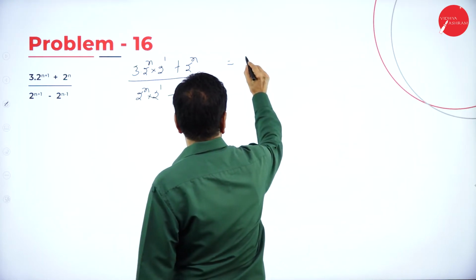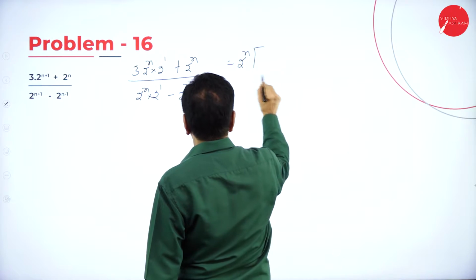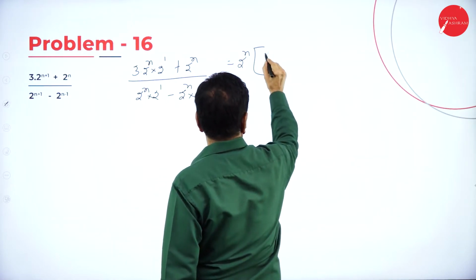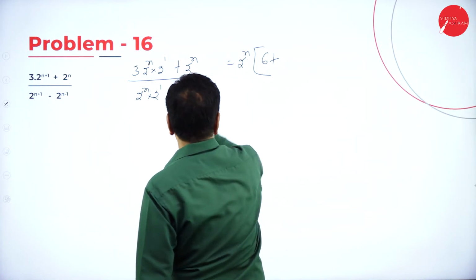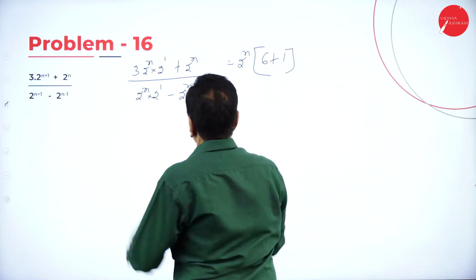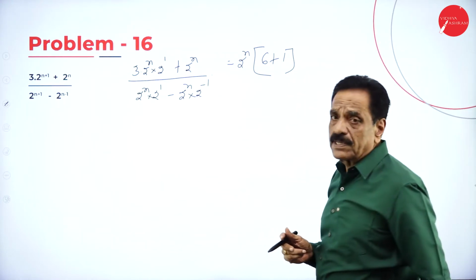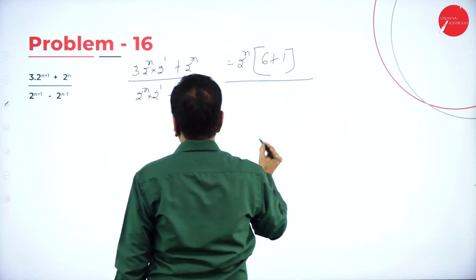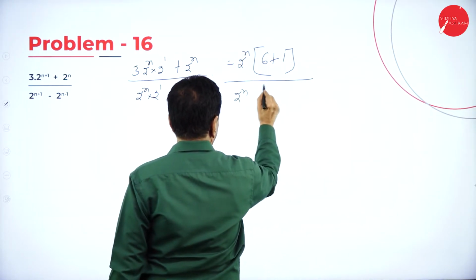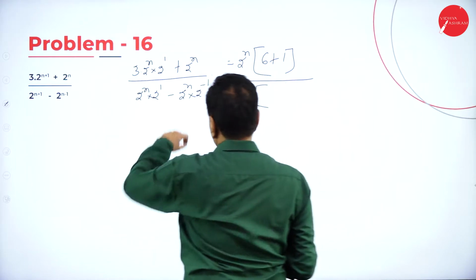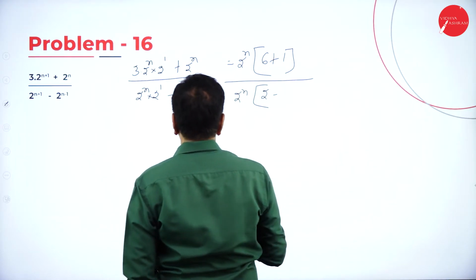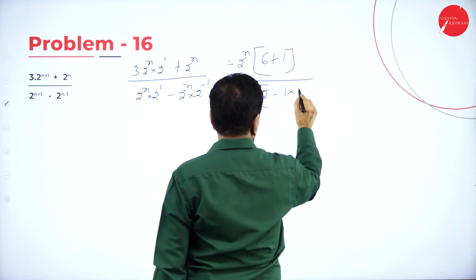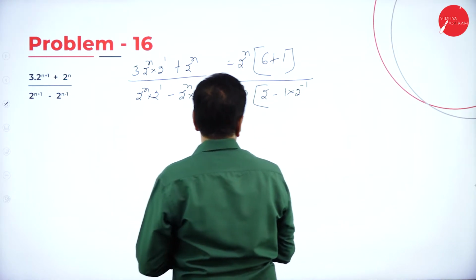You take the 2 to the power of n outside, left over 3 into 2 is 6. Ones are, we have taken 2 to the power of n as common. What is left over? This is 2 minus 1 into 2 to the power of minus 1.